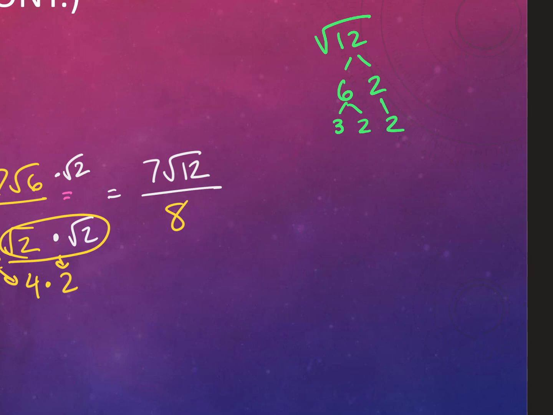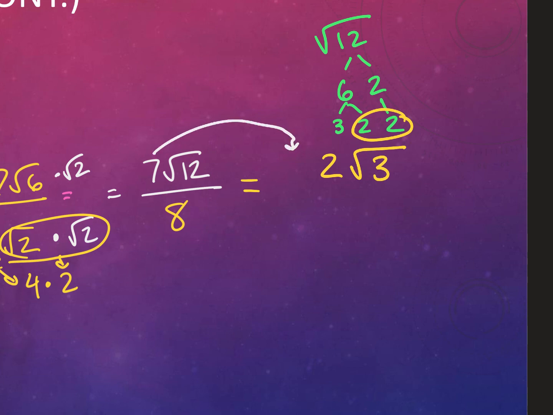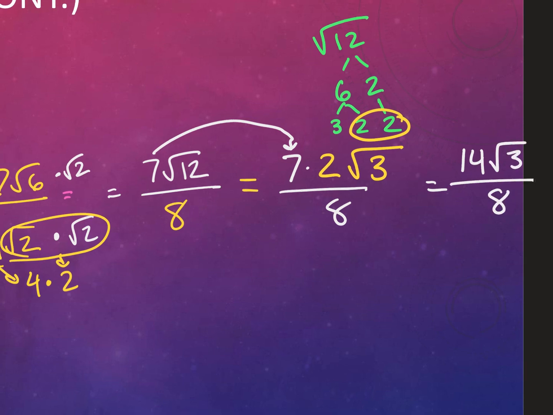What can I circle here? The 2. So what's going to come to the outside? 2. And what stays on the inside? 3. And then I already had what on the outside? 7. So then what's the last step? Multiply the 7 and the 2. So this would be 14 square root 3 over 8.